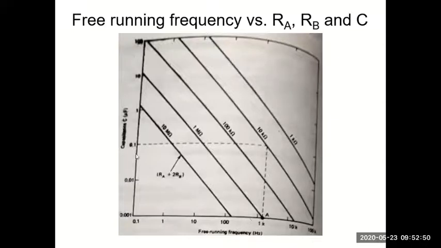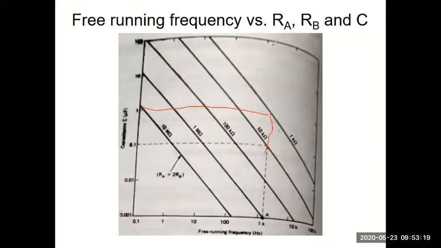Then if you use a C of 0.1 microfarad, you will be designing for a frequency of 1K. If you choose a different resistance, 1K resistance, accordingly your capacitance value will change. If I just extend this curve, if I use a total resistance of 1K instead of 10K, then the corresponding capacitance which I get to use is 1 microfarad instead of 0.1.